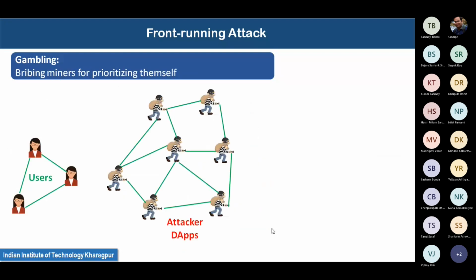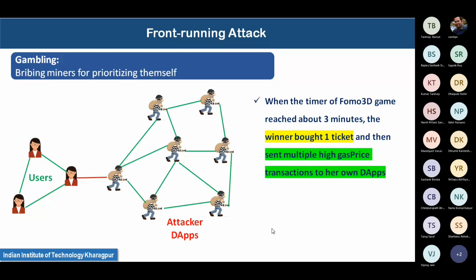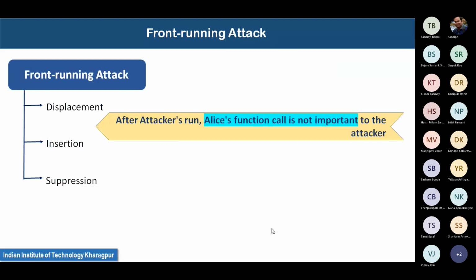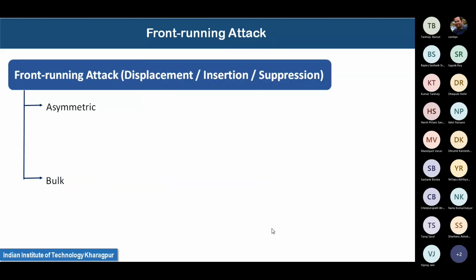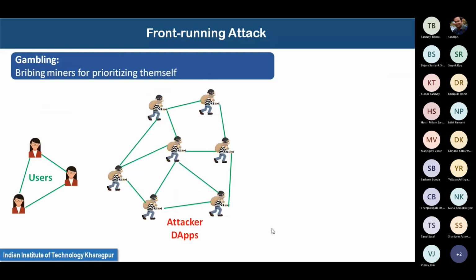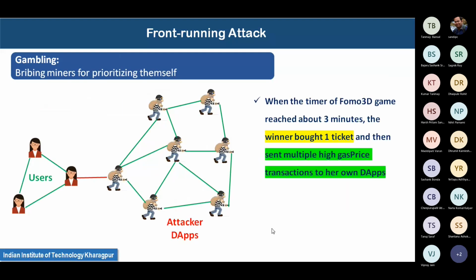Now, this is one other example that is very interesting. We mentioned that these researchers found only one example of this suppression attack, and this is the one we are describing here. Once again, it is about bribing miners for prioritizing, or providing a higher gas price.